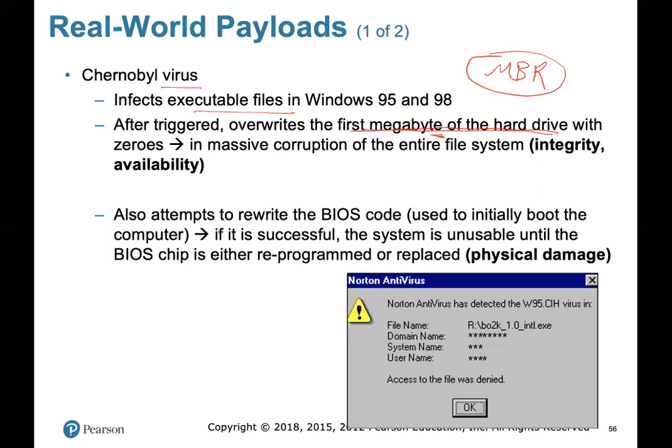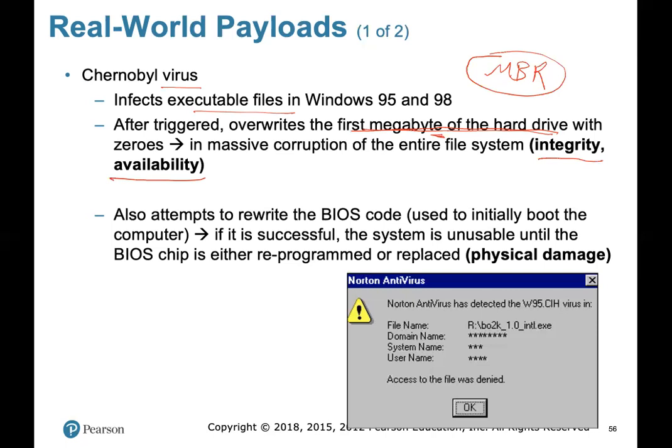It means that if you reboot your computer, there is no boot, and you need to format your whole disk again and install another operating system, and probably you lose all of the information that you have on your disk. So it imposed a massive corruption on the entire file system. And of course, in terms of security pillars, both integrity and availability are being affected here.